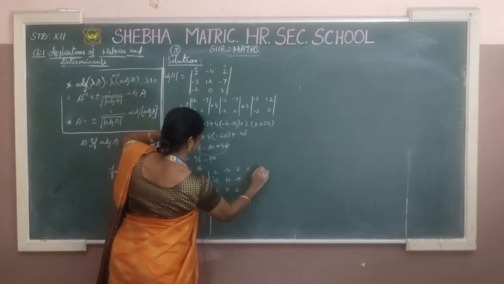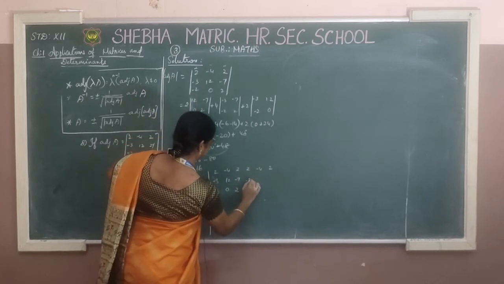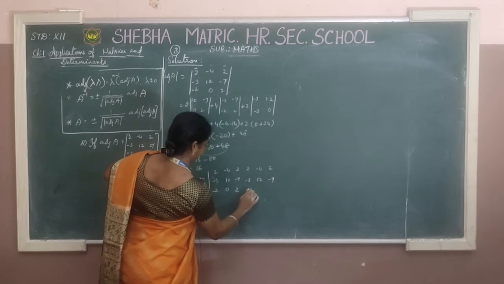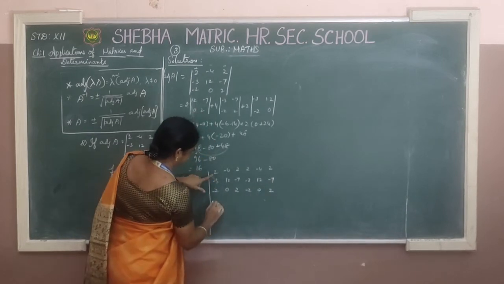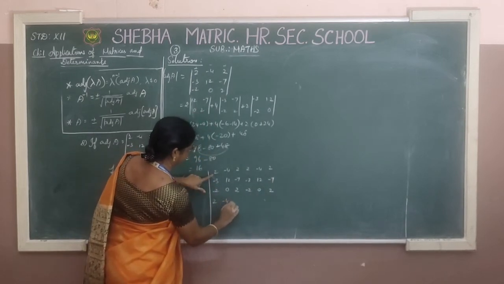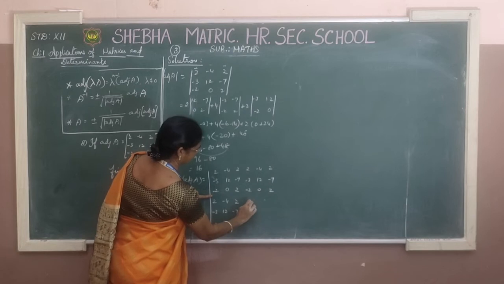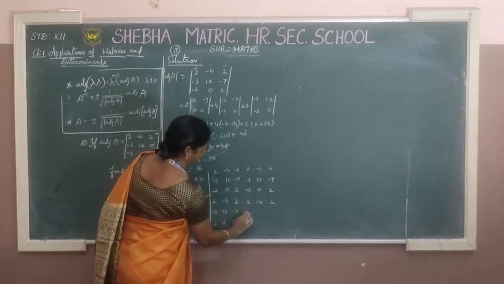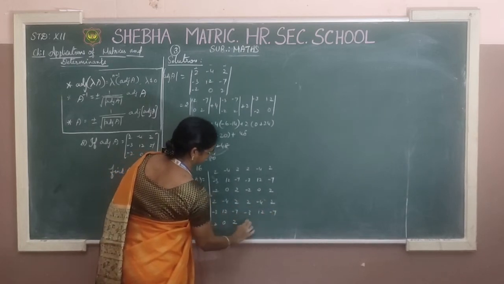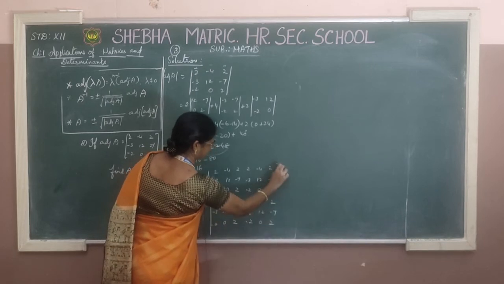Again 2 -4 2, -3 12 -7, -2 0 2. Again repeat, and here also the same matrix.